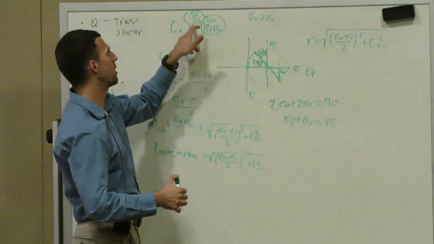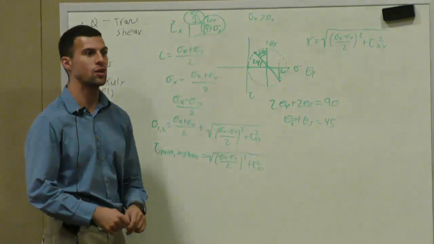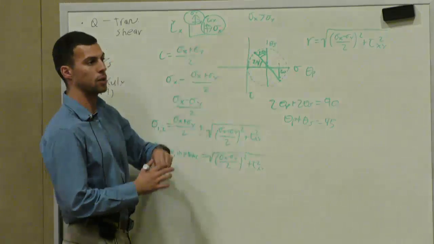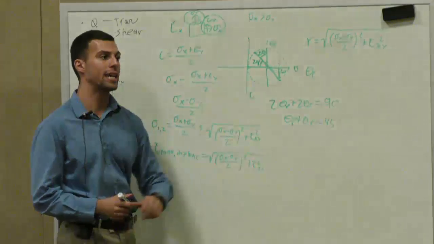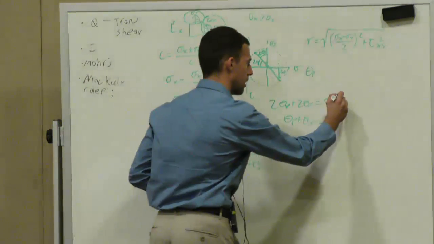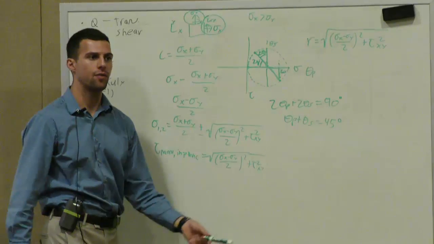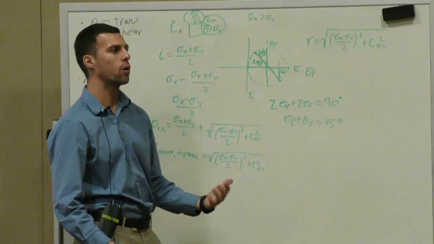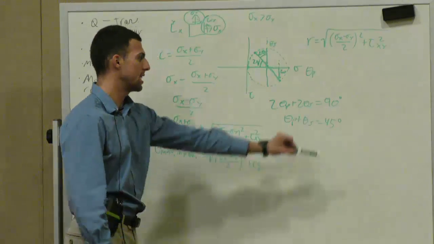Now remember, the theta p and theta s might be different distances away from your given plane, but they are always 45 degrees from one another. So once you find one of those planes and the angle that represents it, you can automatically find the other one just by doing this equation right here.